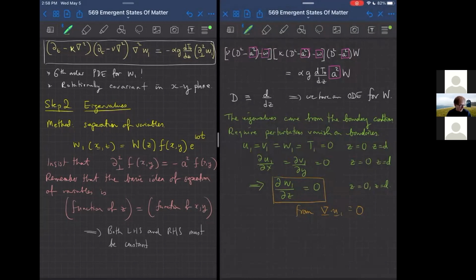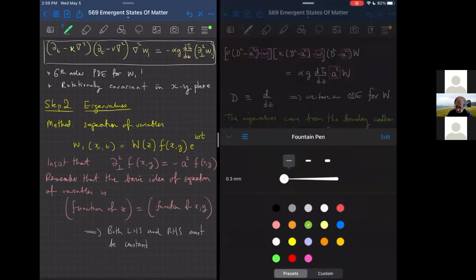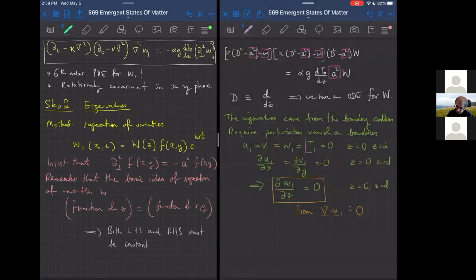So the fact that T1 is equal to 0 at the boundary, we're going to look at what this implies.